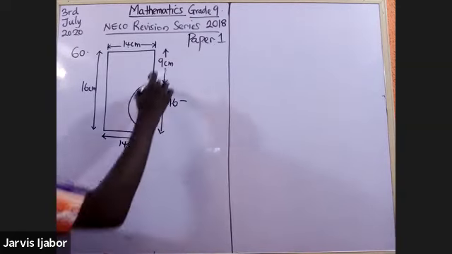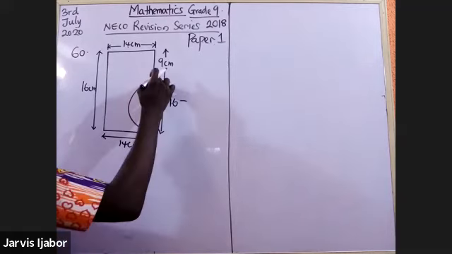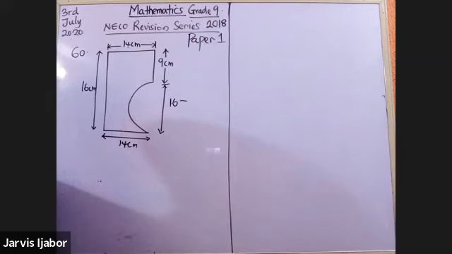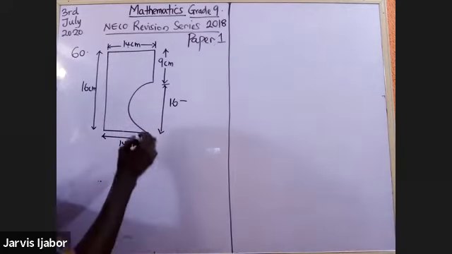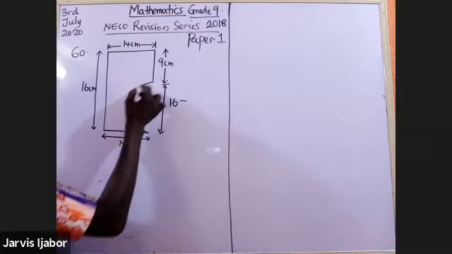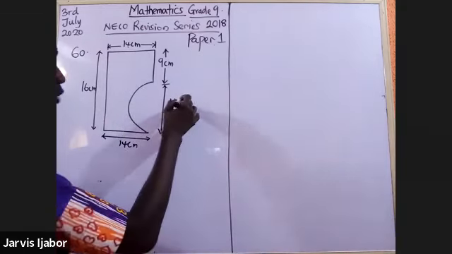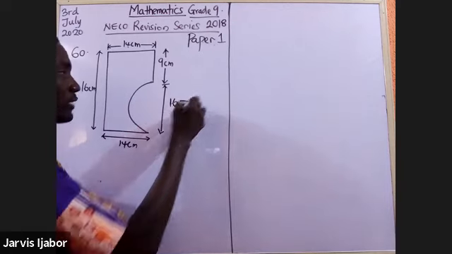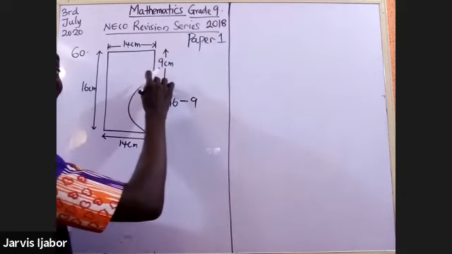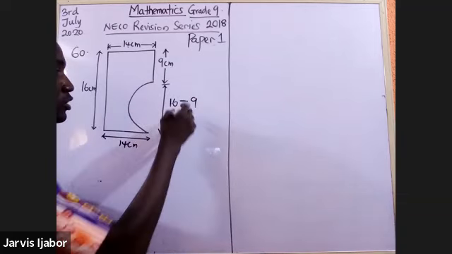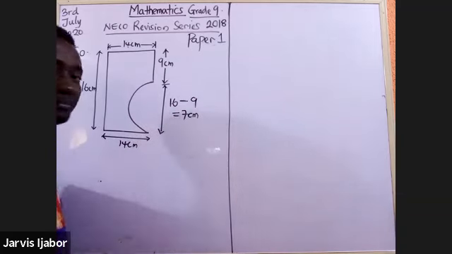Now we need to get this one because this part will serve as the diameter of this circle. Remember that since we're looking for the perimeter, we're not concerned with this, we're concerned with this curve here, which is the curve of the semicircle. Now together it will be 16 minus 9. Why? Because from here to here is 9. Obviously from here to here will now be this minus this. So that will be equal to 7 cm.